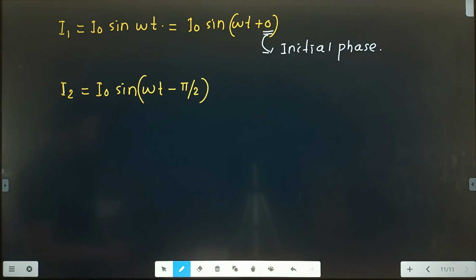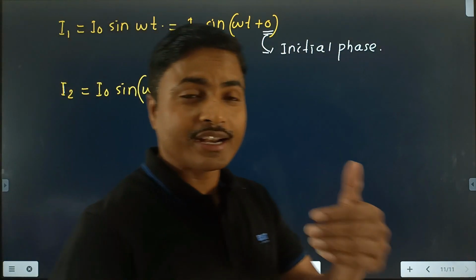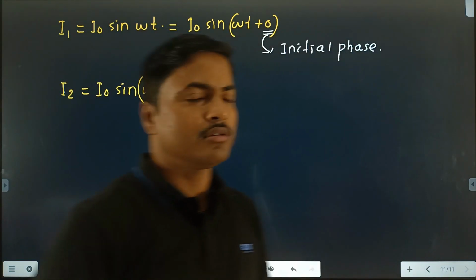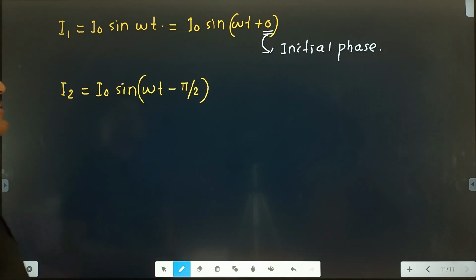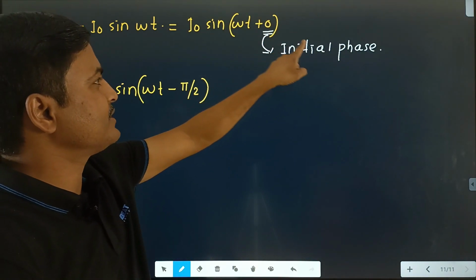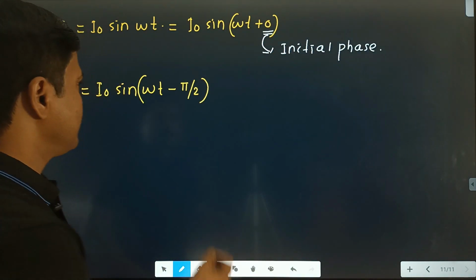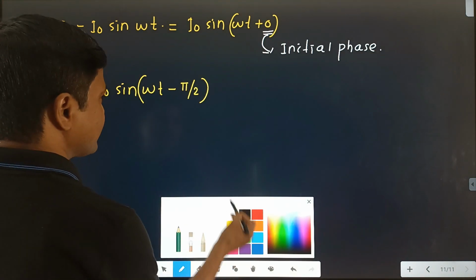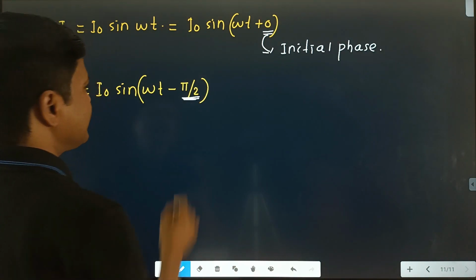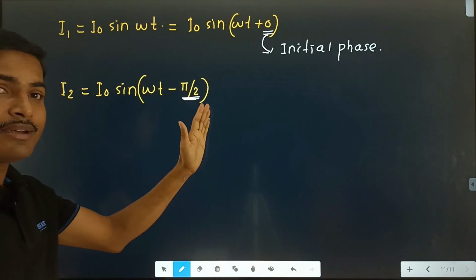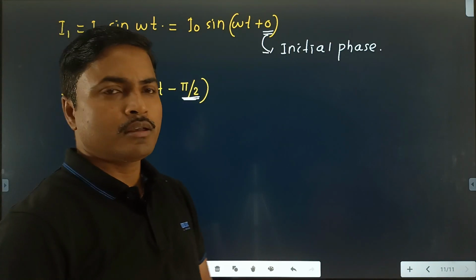If we compare these two currents, I1 and I2, one difference is there. Here 0 is there, that means initial phase is 0. And in the second case, here initial phase is minus pi by 2, not plus pi by 2.